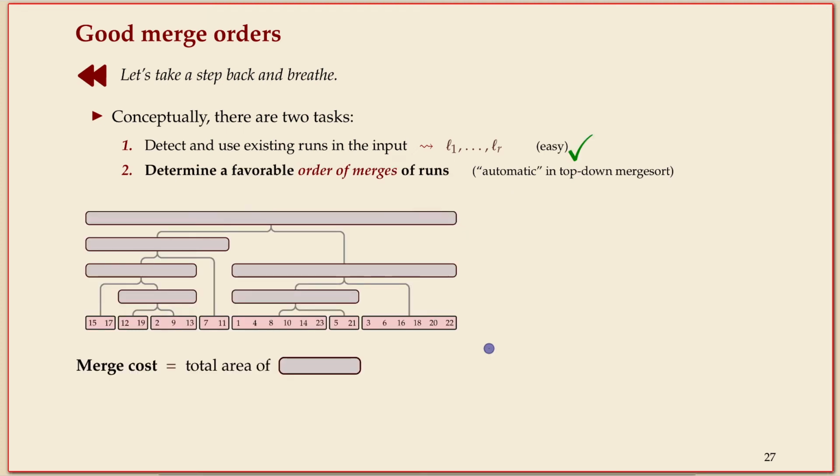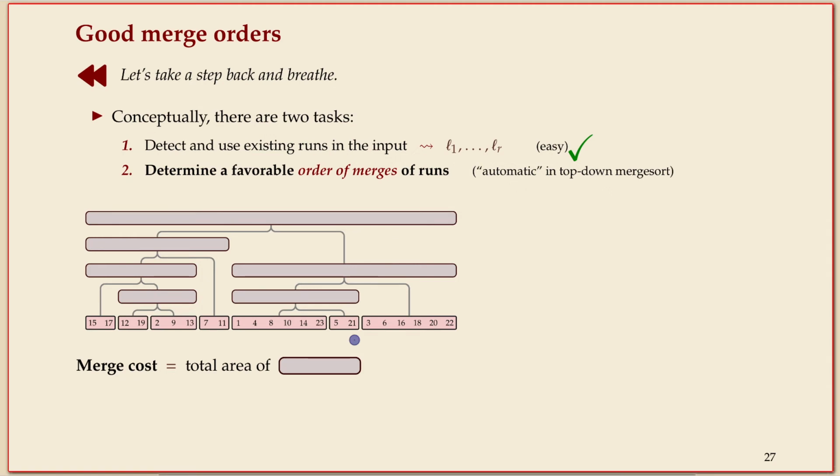All right, so this first step, finding runs, bottom-up merge sort already did that, right? That's not our worry, that's not hard. The tricky bit is to find a good order of the merges, in particular if they have weird patterns of length, small, long, weirdly intermixed.